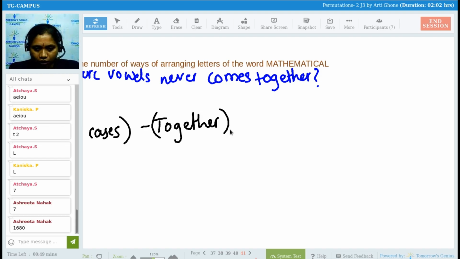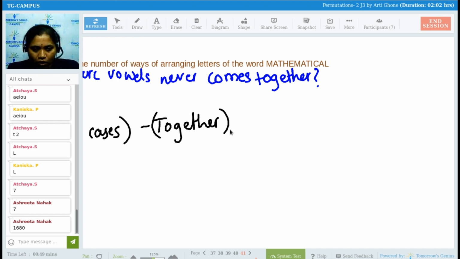Permutations of remaining objects added with the one unit. This case is done. Okay. Below that write down permutations of objects where some objects never come together. Permutations of some objects never coming together.